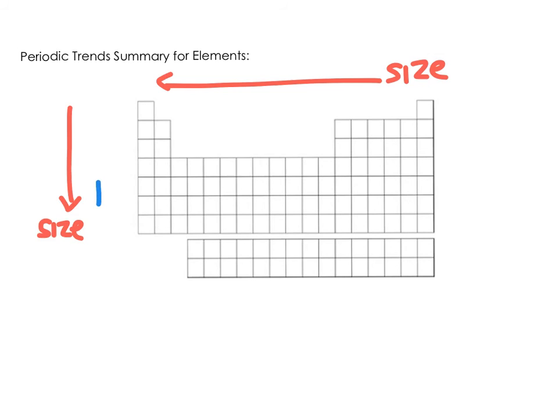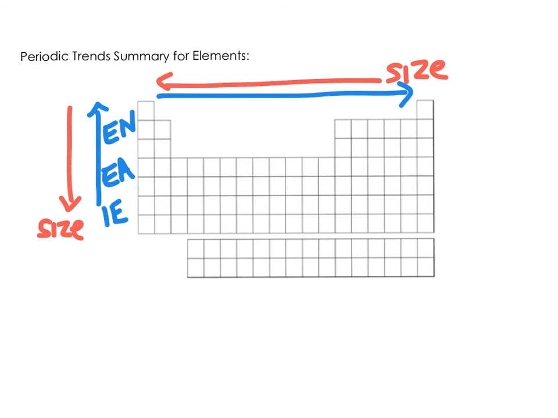As you go up the periodic table, as you go up a group, ionization energy increases, electron affinity increases, and electronegativity increases. So going up, or in the opposite direction of size, the smaller you are, the stronger these interactions. So as you go up, the size gets smaller. Ionization energy, electron affinity, electronegativity all increase.